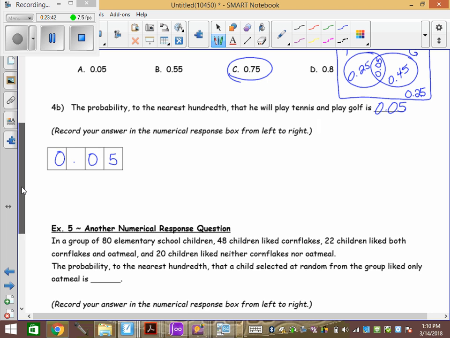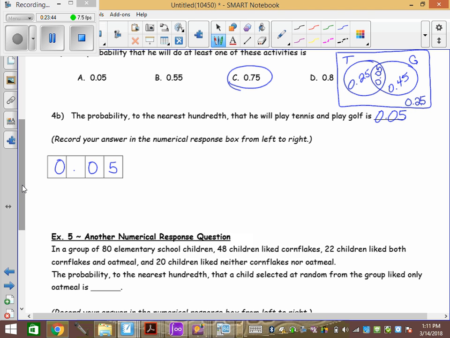In a group of 80 elementary school children, 48 like cornflakes, 22 like both cornflakes and oatmeal, and 20 children like neither. Did we do probabilities yet? Right now, are those numbers in probability form? How could I get them in probability form? You just have to divide them by the total.